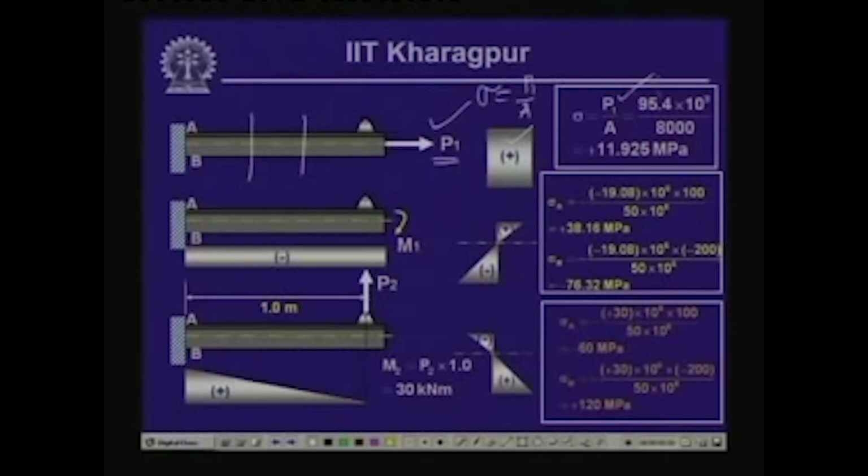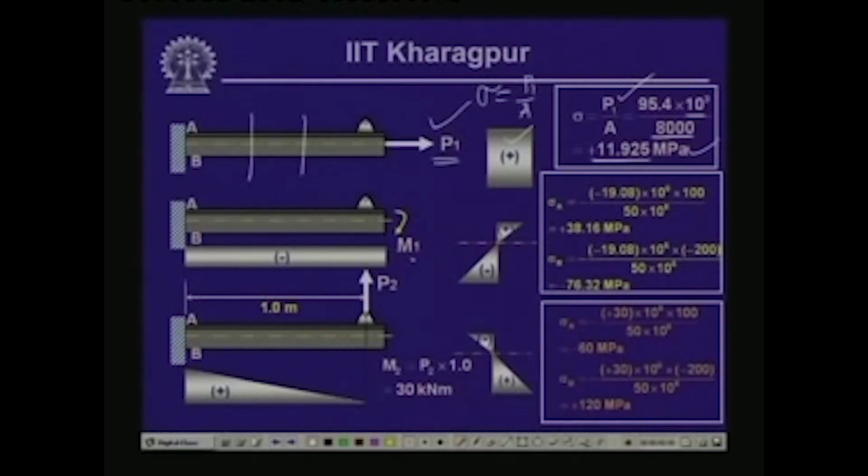So sigma is equal to P by A, which is 95.4 into 10 to the power 3 Newton divided by 8000 millimeter square. So this gives us 11.925 megapascal.